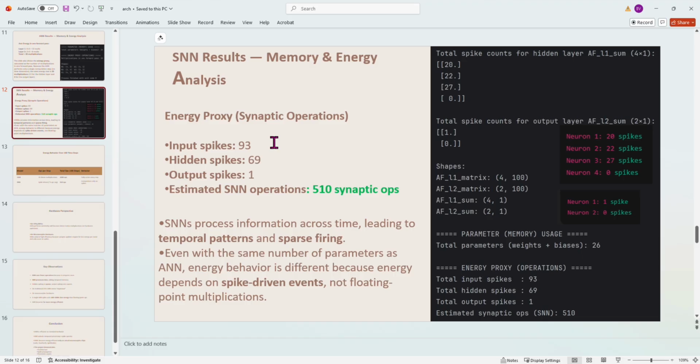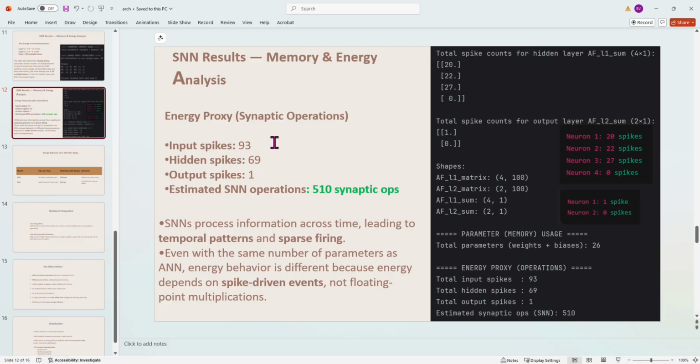So energy proxy, for ANN, energy was counted using multiplications, but for SNN, energy comes from synaptic events. This means a cost is counted only when a spike travels through the weight. So total SNN energy is equal to number of spikes multiplied by number of outgoing weights. Hidden layer has 4 neurons, each with 4 outgoing weights.